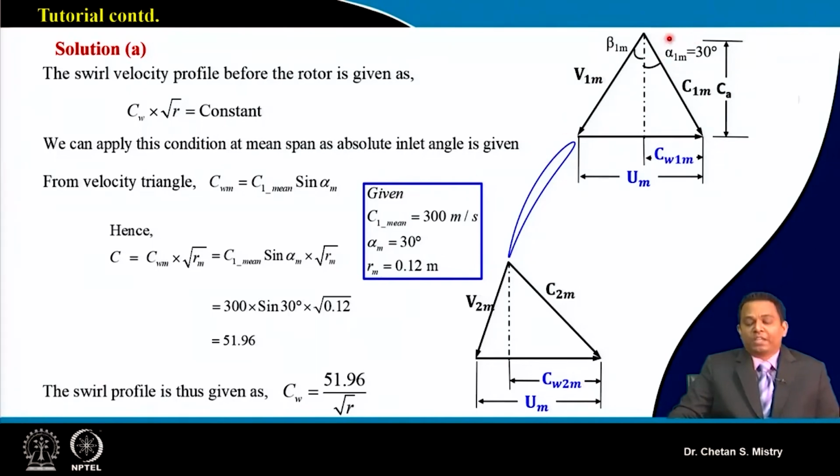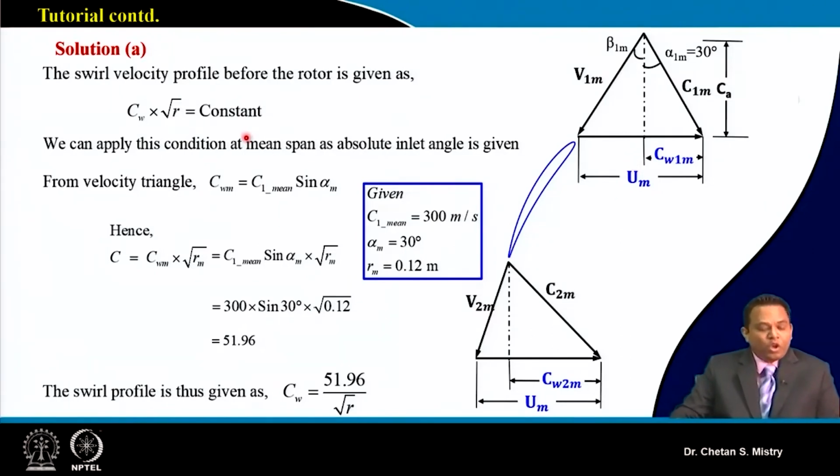My alpha angle is known to us. So alpha 1 is given as 30 degrees. Now at the mid station my diameter is known and my speed is known, so you can calculate my u. So let's understand how we proceed.